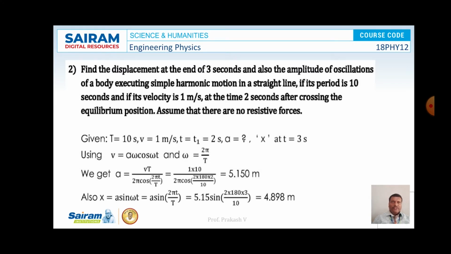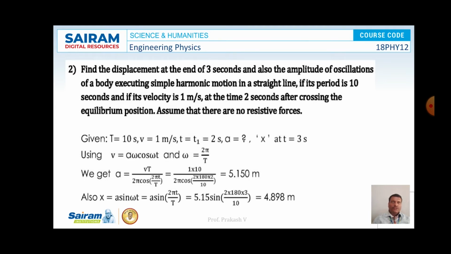Find the displacement at the end of 3 seconds and also the amplitude of oscillations of a body executing simple harmonic motion in a straight line if its period is 10 seconds and its velocity is 1 meter per second at the time 2 seconds after crossing the equilibrium position.